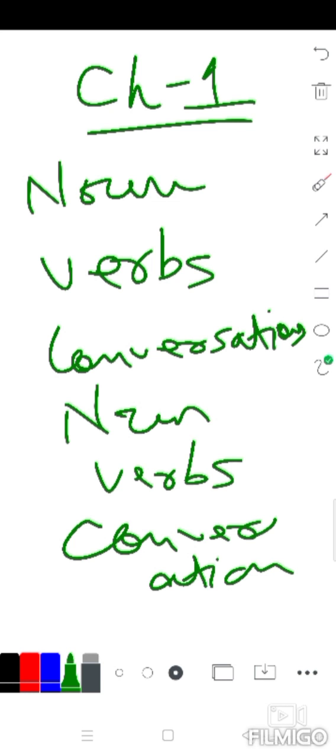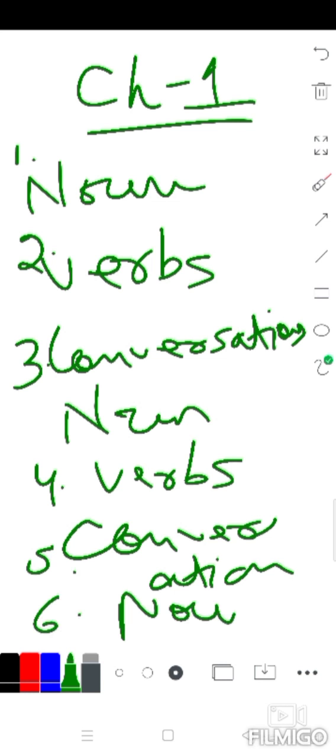So when you learn the vocabulary, in number 1 it will be written noun, then in number 2 verbs, then in number 3 conversation, then 4th will be verb, then 5th conversation, 6th noun. So things are not arranged. When you learn the vocabulary serial wise, it will give you some difficulty.